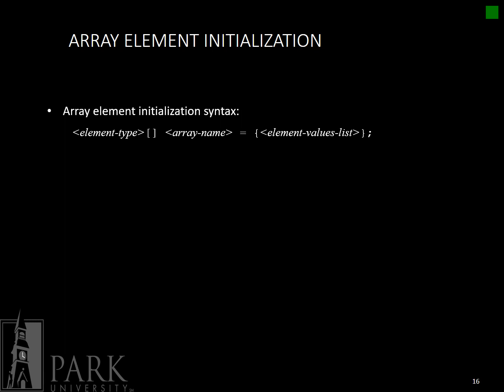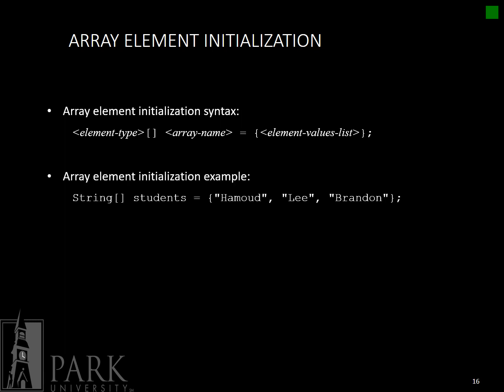We have our element type followed by our brackets, followed by the name, and then we assign it usually a comma delimited list of whatever things are in there, right? So when an array is initialized, this is what it would look like. Here we've got an array of students, and we've got Hamoud, Lead, and Brandon. Okay, this is an initializer.